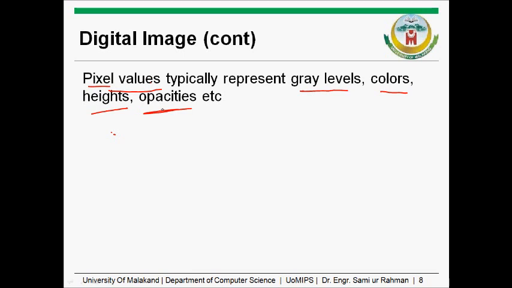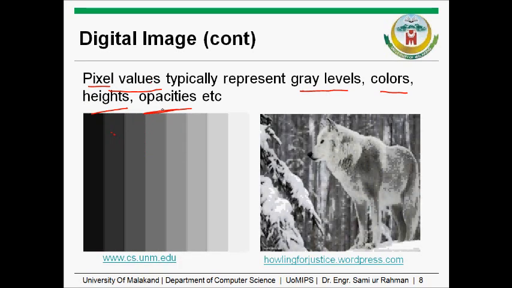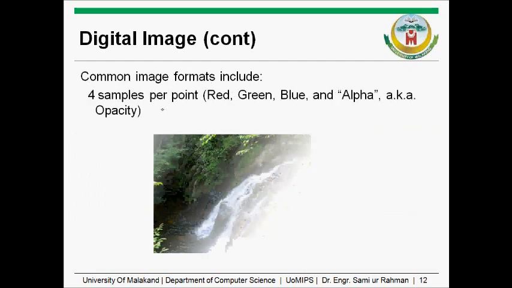We say that water has less opacity as compared to a stone, because you cannot see through the stone, but you can see through the water. Let's say in this image you have some effect, and that effect is like you have some clouds in front of your screen. So this cloudy nature represents this opacity. Okay.